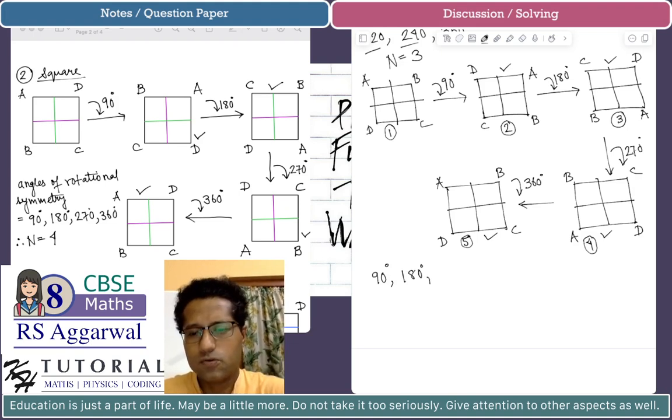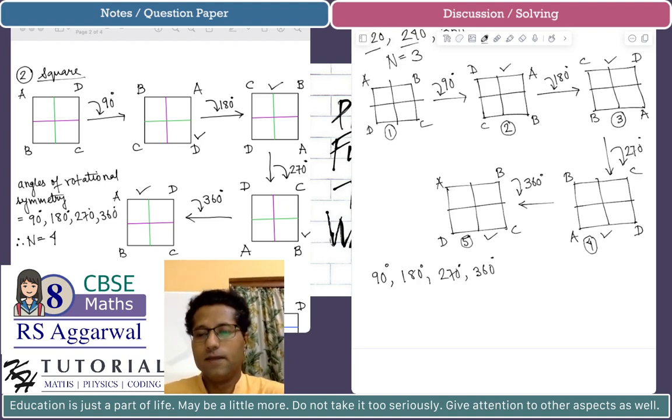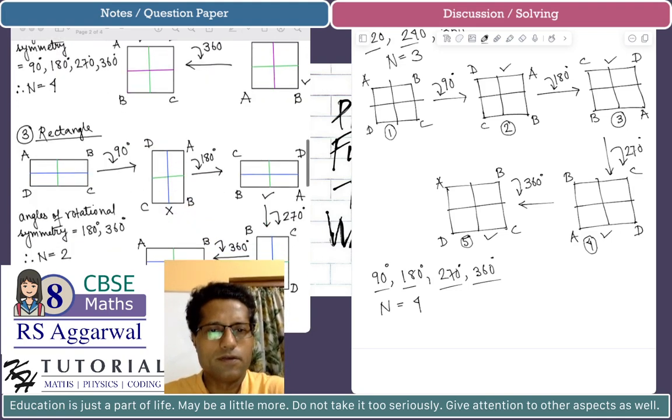Similarly, after 270 degrees and finally 360 degrees, the square looks identical. So we have 4 angles of rotational symmetry, and hence the order of rotational symmetry n is 4 for a square. Okay. Now let's see what is a rectangle.